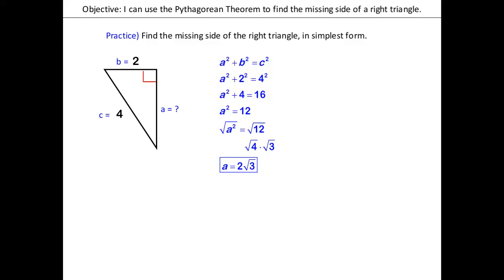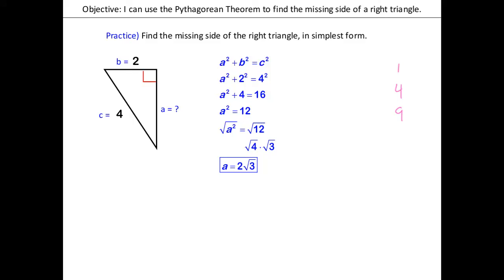All right, so my answer that I have on the screen here, go ahead and double check. Notice this time the 16 and the 4 were on opposite sides of the equal. So you have to subtract 4, and that gives you 12. And then you have to simplify the square root of 12. So you want to look for your perfect squares: 1, 4, 9, 16, 25, 36, and so forth, right?